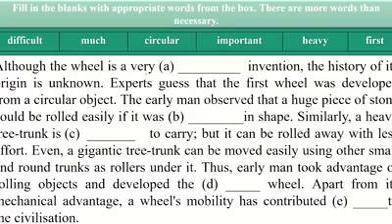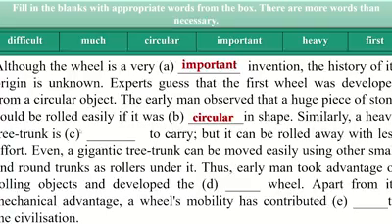Although the wheel is a very important invention, the history of its origin is unknown. Experts guess that the first wheel was developed from a circular object. The early men observed that a huge piece of stone could be rolled easily if it was circular in shape.